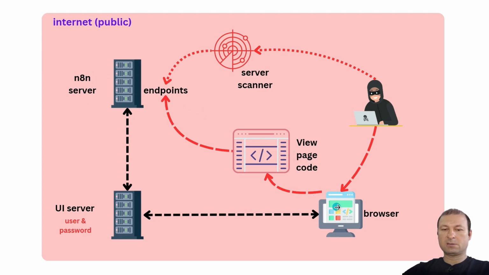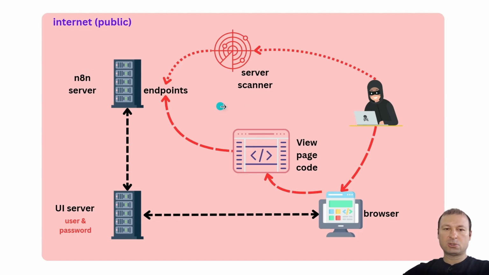Lately, there is more dynamic page rendering, and you cannot see as easily as before the endpoints being called, but still you can check in the browser with the developer tools. You have there a network tab where you can see in real time the n8n endpoints being called. So of course, after that, the attacker can take those endpoints and search them for vulnerabilities.